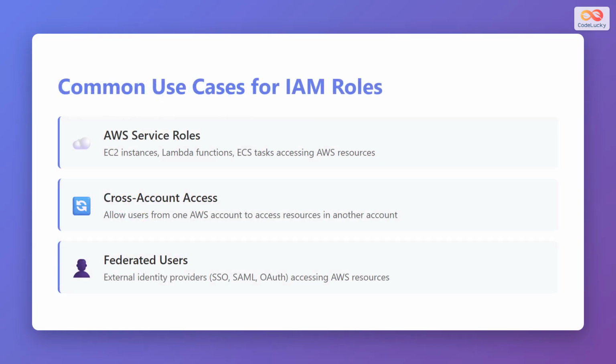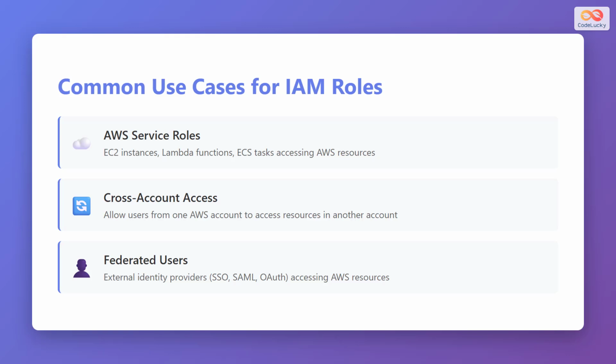IAM roles have 3 primary use cases. First, AWS service roles, where services like EC2 instances, Lambda functions, and ECS tasks use roles to access other AWS resources securely. For example, an EC2 instance can assume a role to read from an S3 bucket without storing access keys on the server.